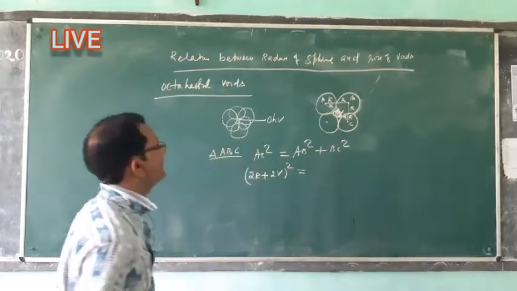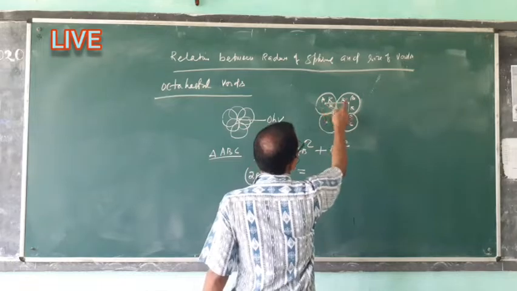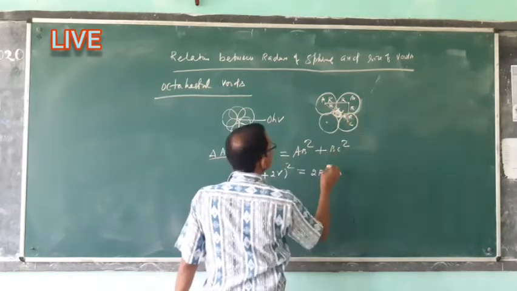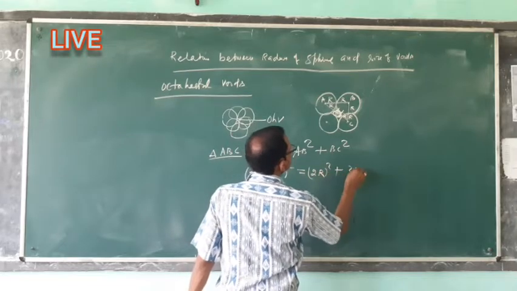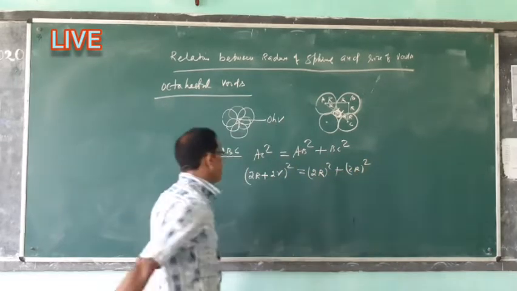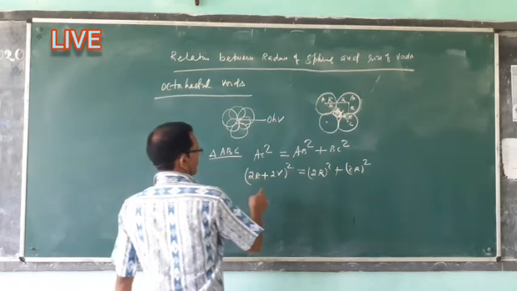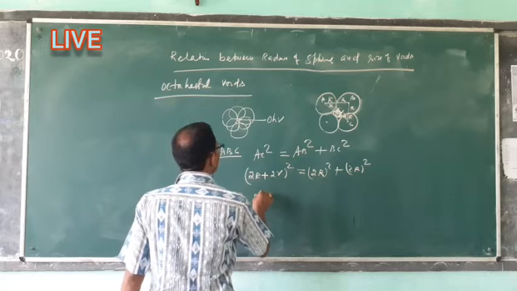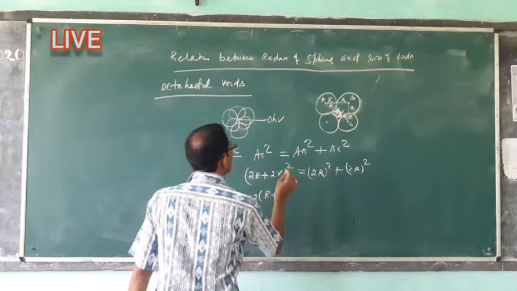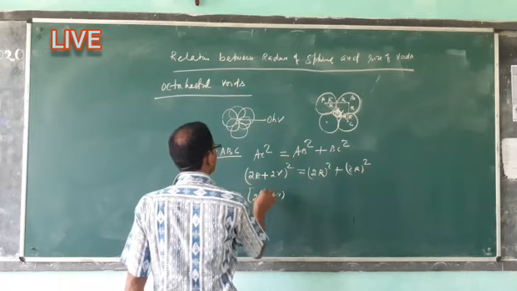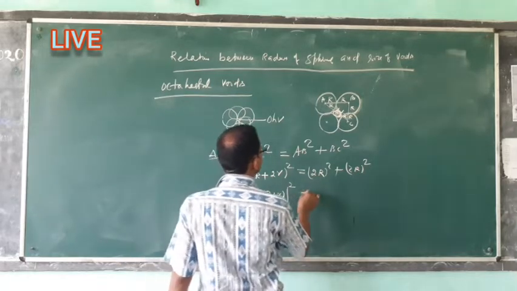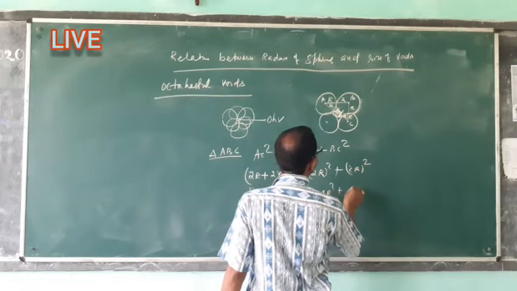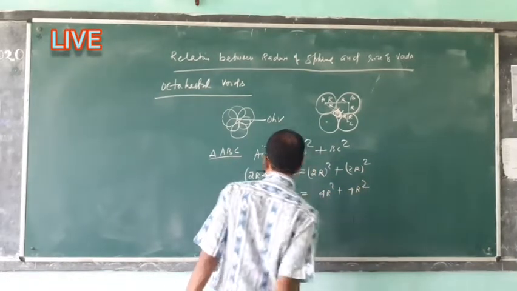AB, you see the radius, AB has 2R. And BC also 2R. Then (R plus r) square is equal to 4R square plus 4R square.